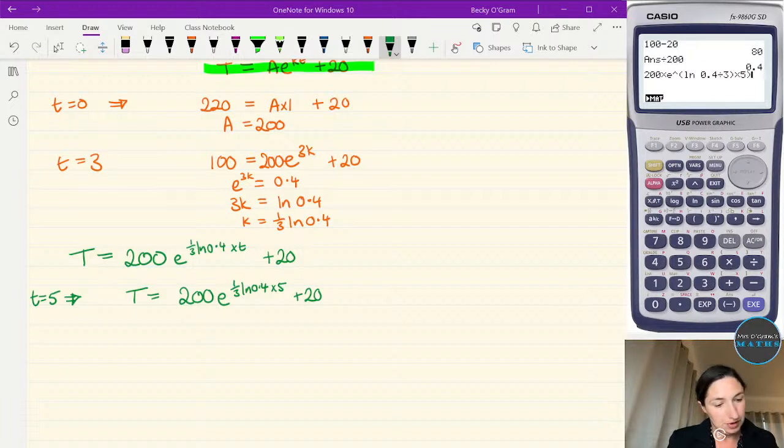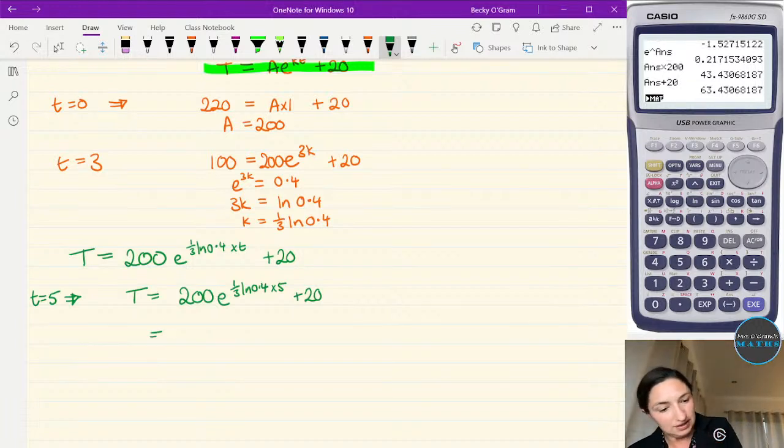I'm going to need to put in some brackets here. In fact, I'm going to start over. I'm not going to do it all in one line because I don't trust that the brackets are going to work out. Okay, so I'm going to put it in a piece at a time. So log of 0.4, then divide it by 3, then times it by 5, raise it so it's the power of e, times by 200, add on 20.